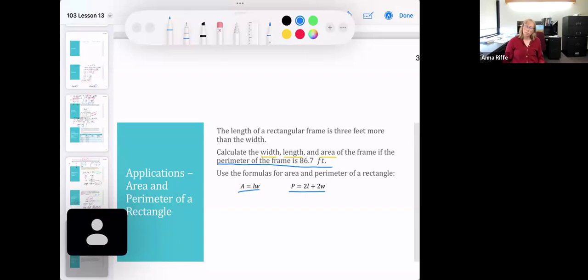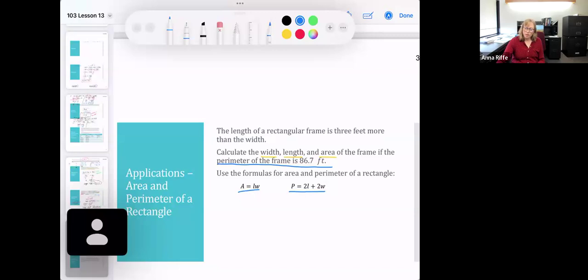In this case, we're given information about perimeter. Others, you may be given information about area, and then based on that, you can find the other quantity. So here we're given perimeter and we're asked to find area. But in another problem, you might be given area and asked to find perimeter. Okay.